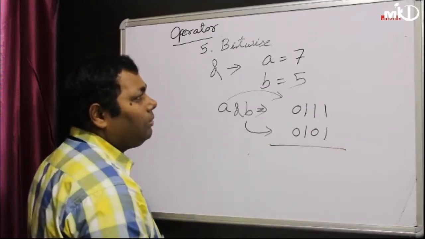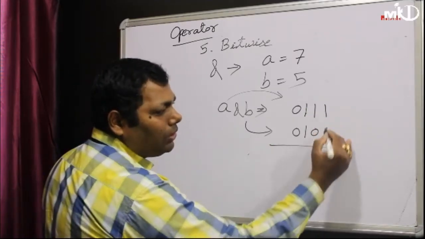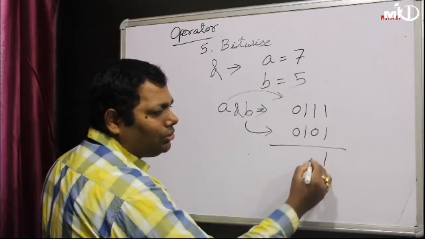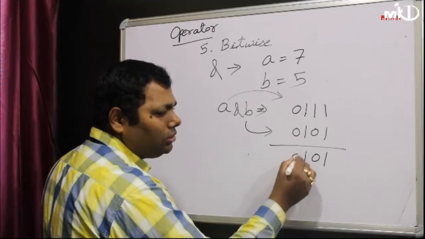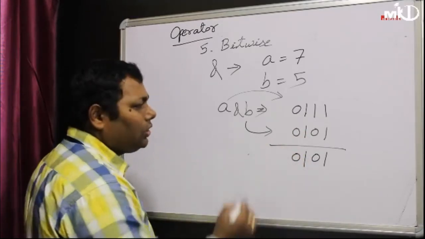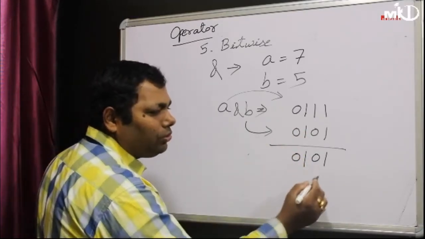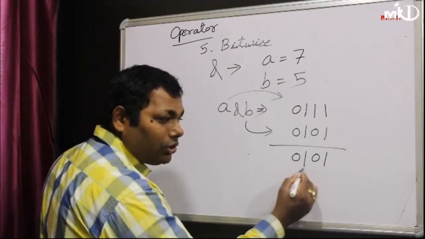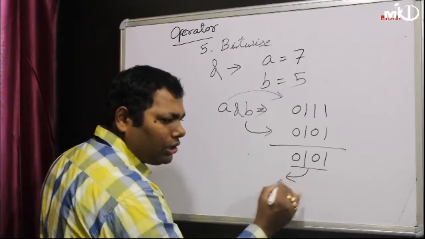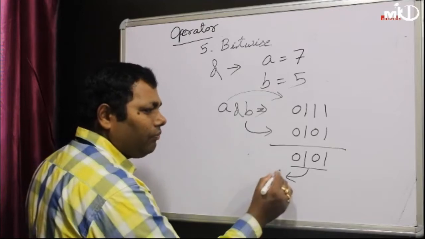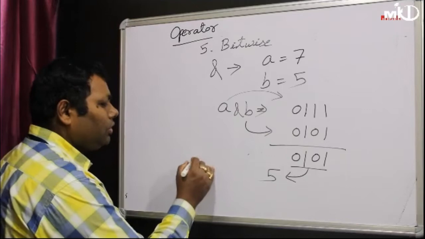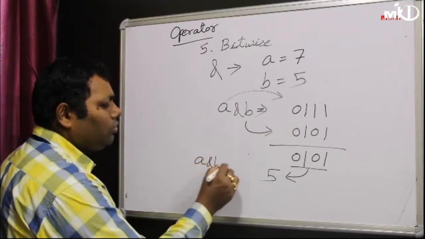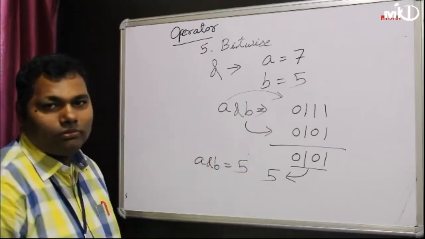Now apply the bitwise AND of 1 1 1 and 1 0 1. So A and B means 0 1 0 1. So this is in binary. So again convert the binary into decimal. How much? 5. Okay? So A and B equal to 5. Clear?